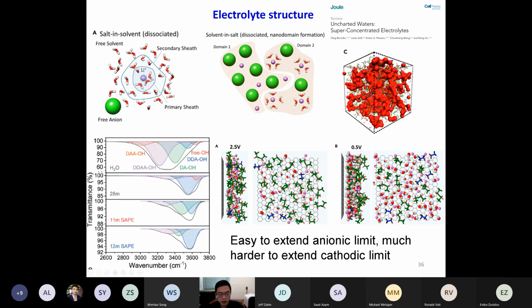On the surface in the double layer, it will be totally different from the bulk structure, because the cathode normally has a relatively positive charge inside the electrode, which means it will attract more negatively charged stuff, which here is more domain 1 type stuff near the electrode surface. That means you will have a much lower water concentration on the surface during the electrochemical reaction, right?